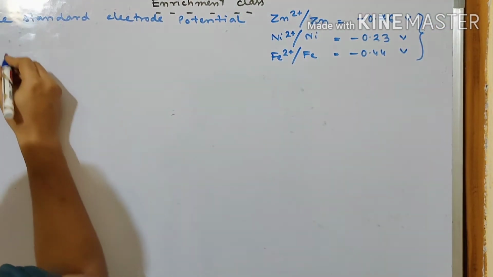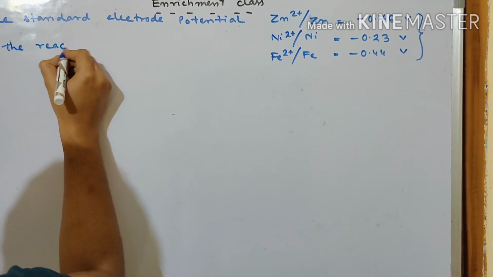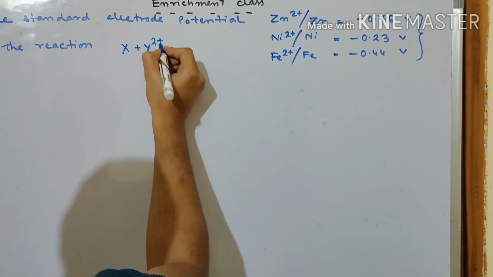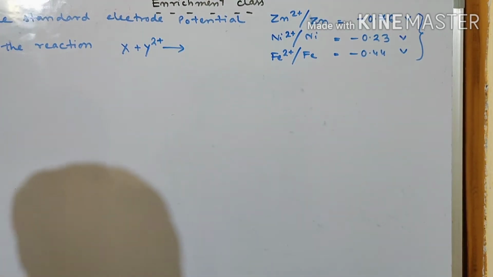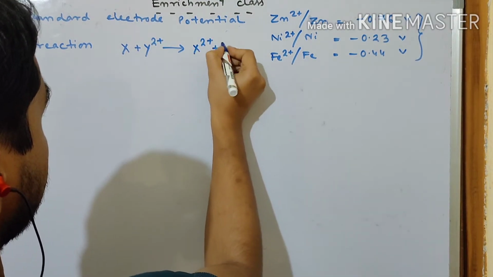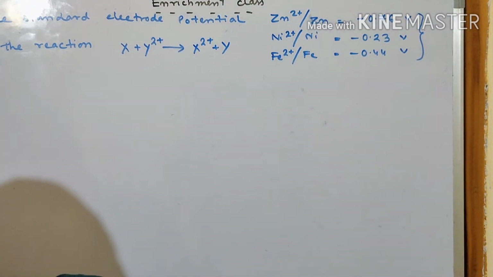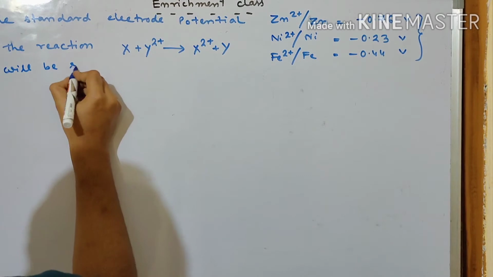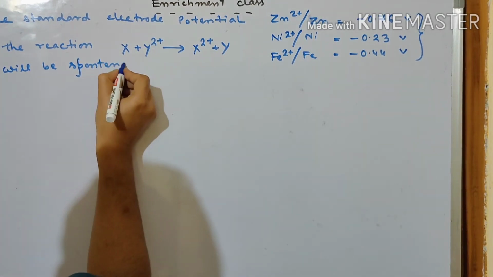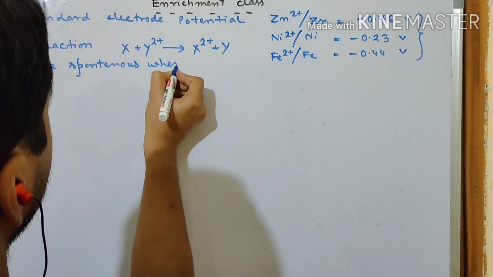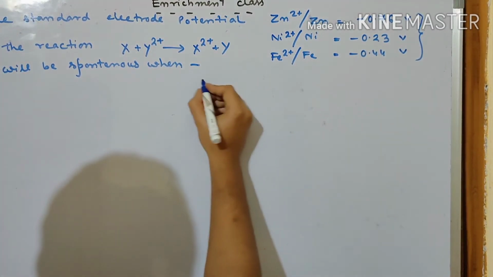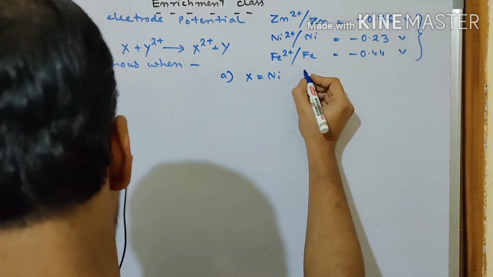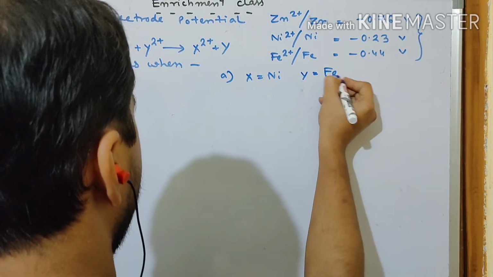The reaction X plus Y2+ giving rise to X2+ plus Y will be spontaneous when, option A is X is equal to nickel, Y is equal to iron.